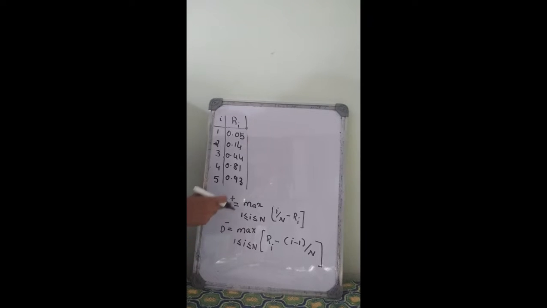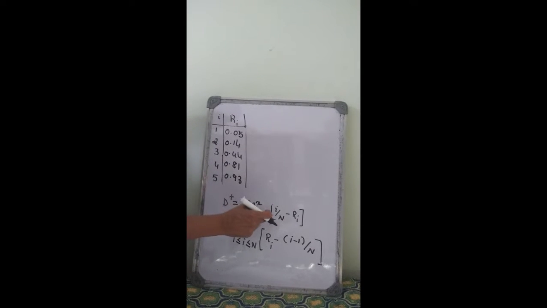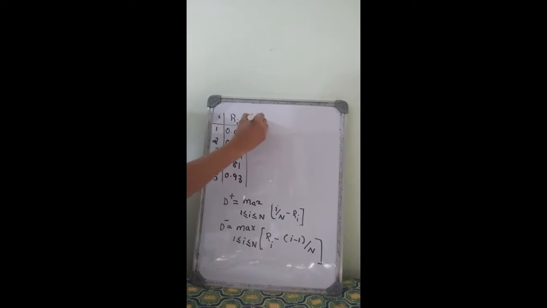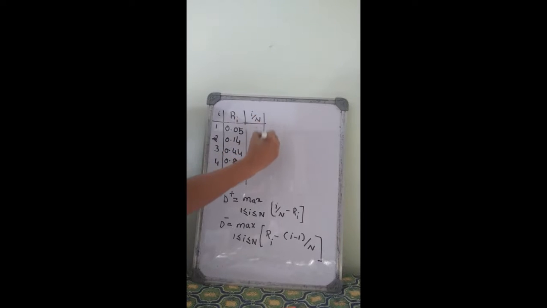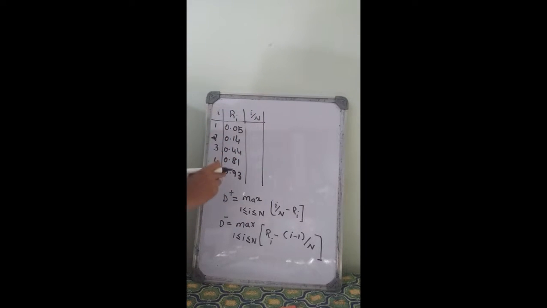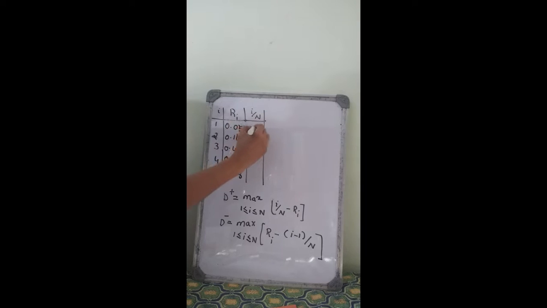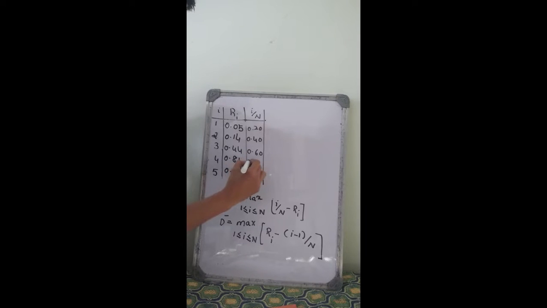Okay, so now after arranging all these numbers from lowest to highest, we have to find out D plus and D minus. To find out D plus, I require i by n minus Ri. So I will find out first i by n, where n is the total number of random numbers. So 1 by 5, that is 0.20. This is 2 by 5, 0.40. Then 0.60, 0.80, 1.00. So i by n minus Ri, I will calculate.